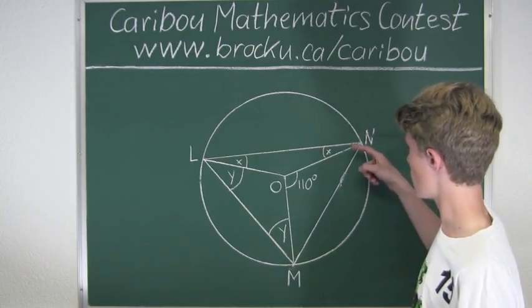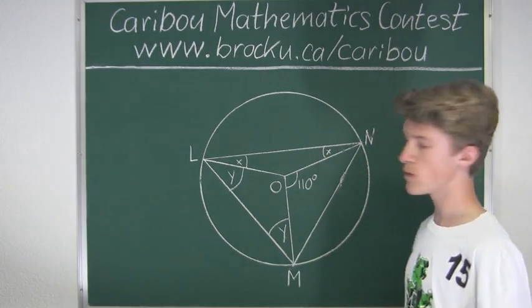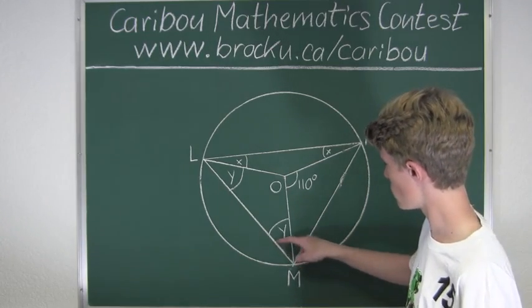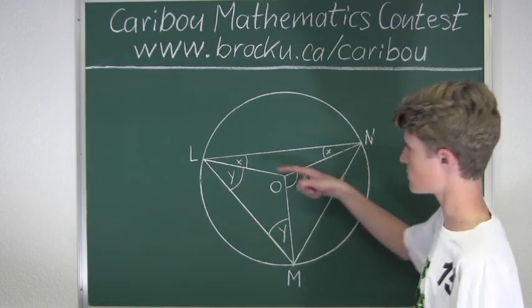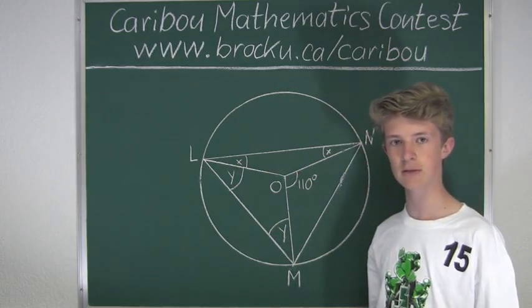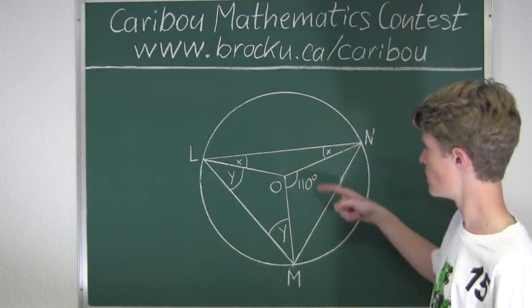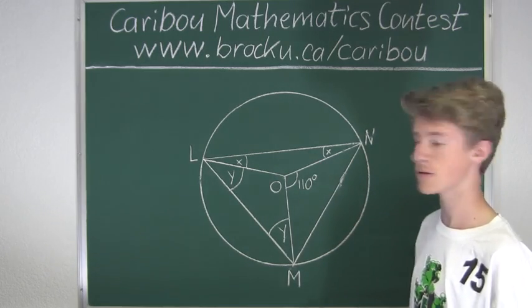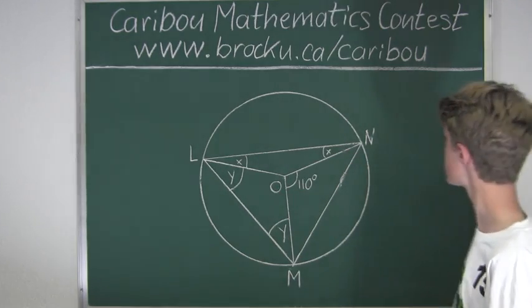So we will have 180 minus 70 equals 110. So 2x plus 2y equals 110, because again we had 180 minus 70. These two angles is 110.